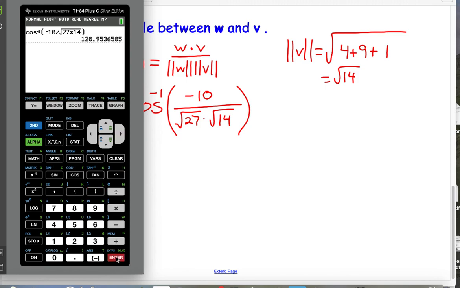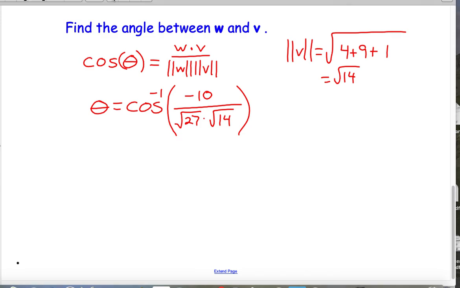And we get 120.9536, etc. So if we round this, I guess we could say it's 121.0. And that's degrees.